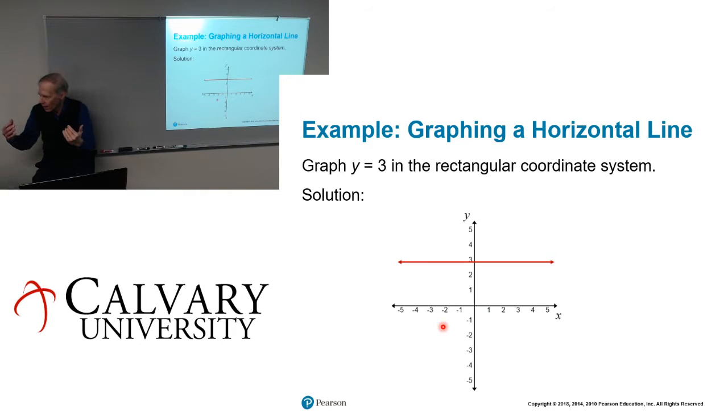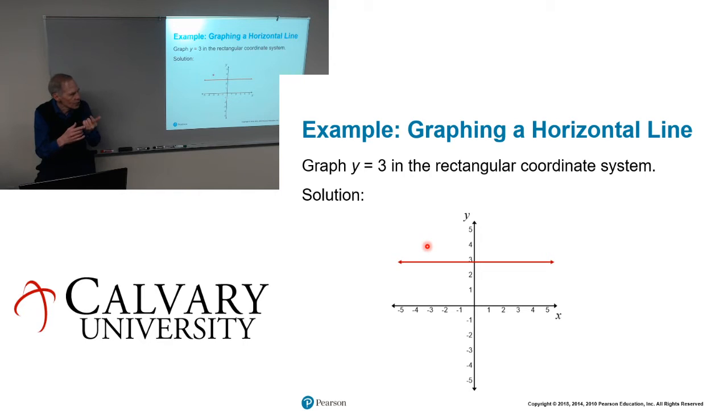So as an example, if you were told to graph the line y equals 3, all you would know is that the y coordinate is 3, and it doesn't matter what the x coordinate is right here. That's why you only have y values.